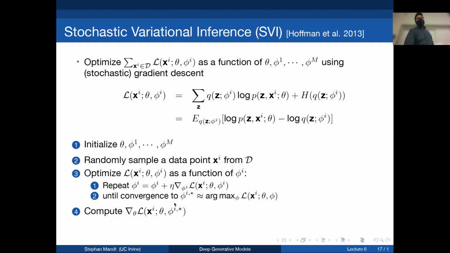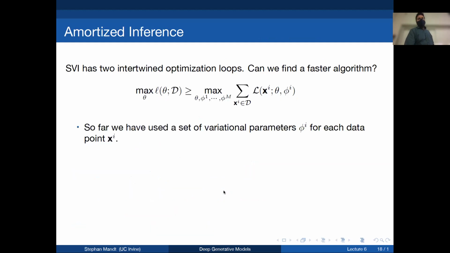Now, how do we improve over this? That actually turns out to link to the concept of amortized inference that I talked about before. The idea of amortized inference is to exactly avoid this double loop structure.